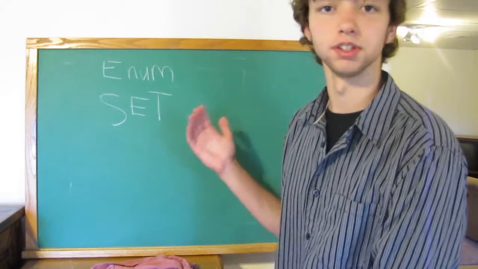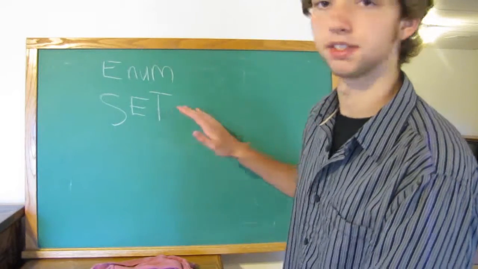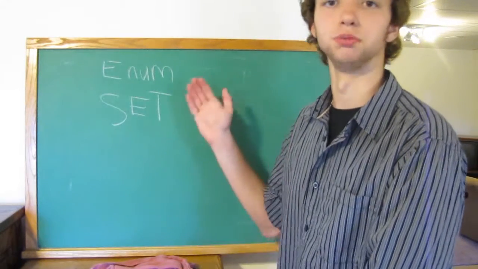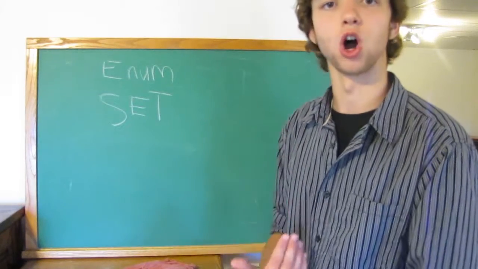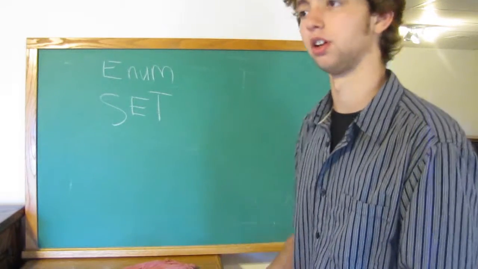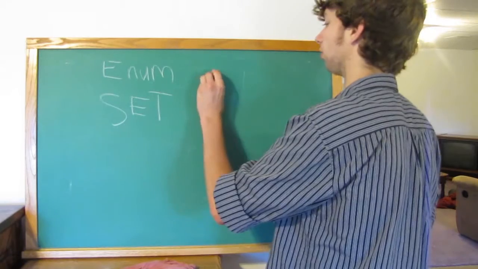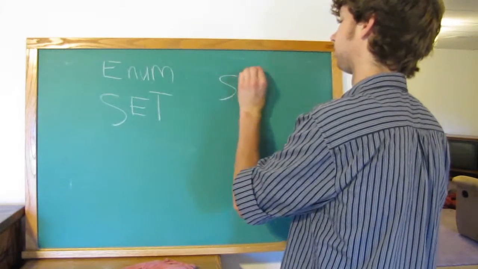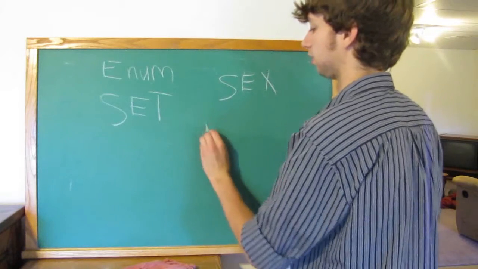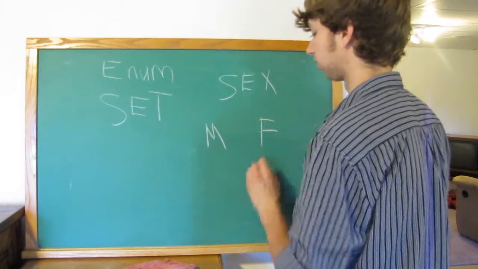So the last 2 in this video will be enum and set. Now enum stands for enumeration, and basically you will use these when there's a set number of options. So let's say boy or girl. It has your sex for an entry, and the options are male or female.